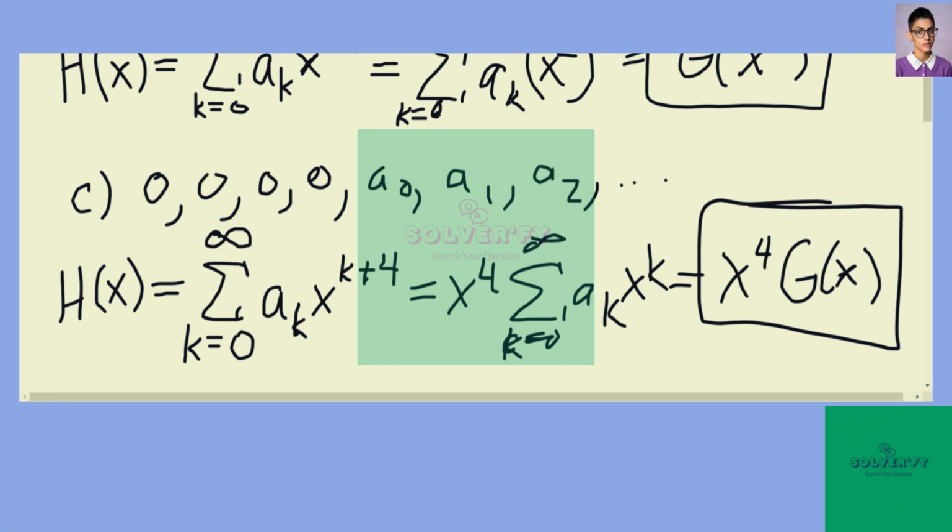Part D, we're given the sequence a0, 2a1, 4a2, 8a3, 16a4, and so on.